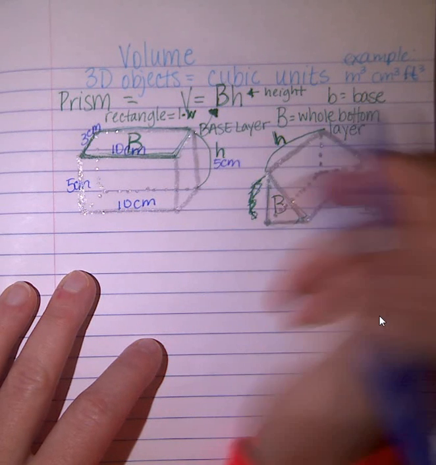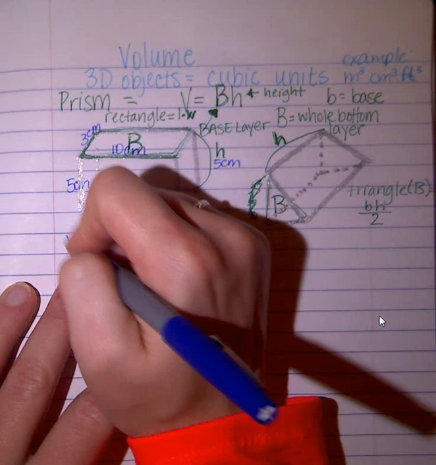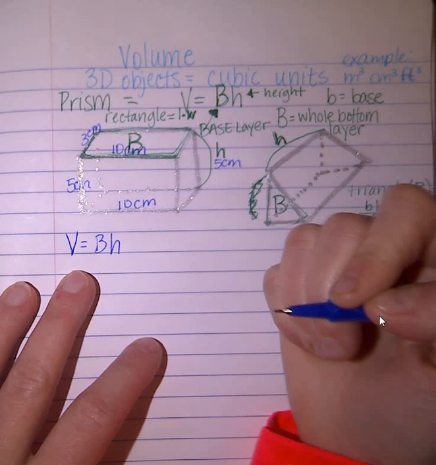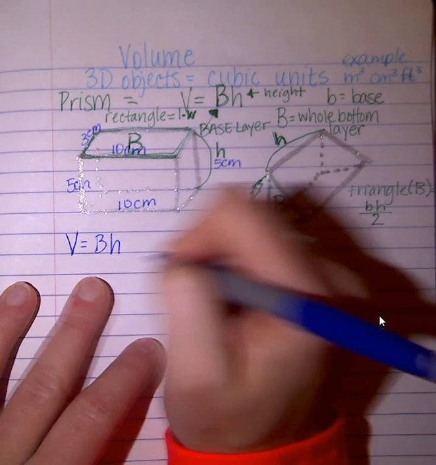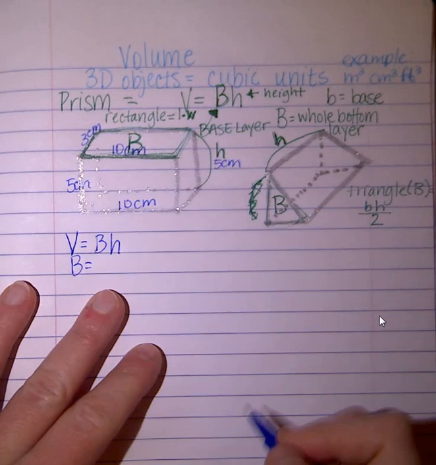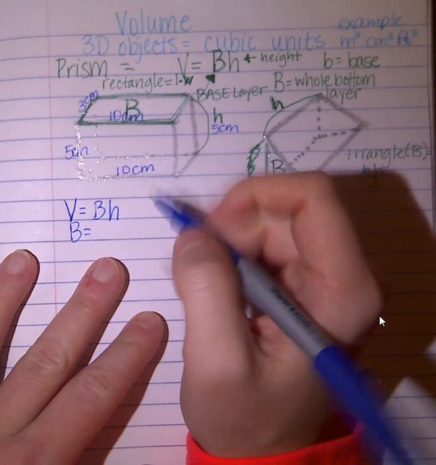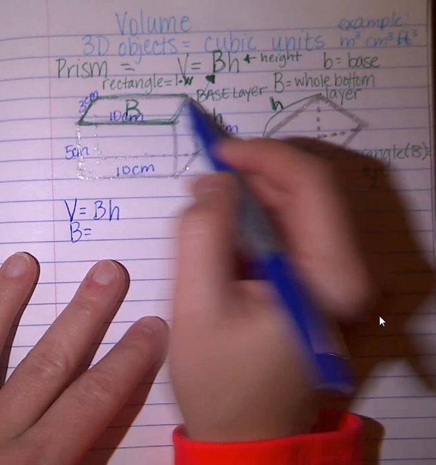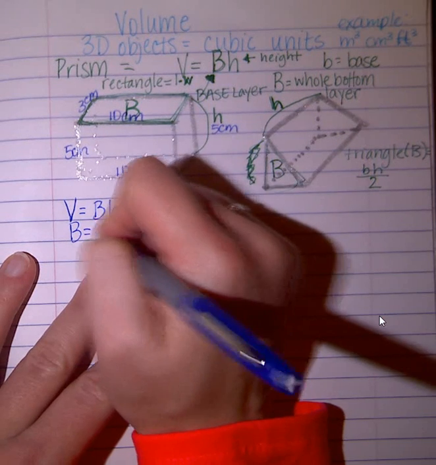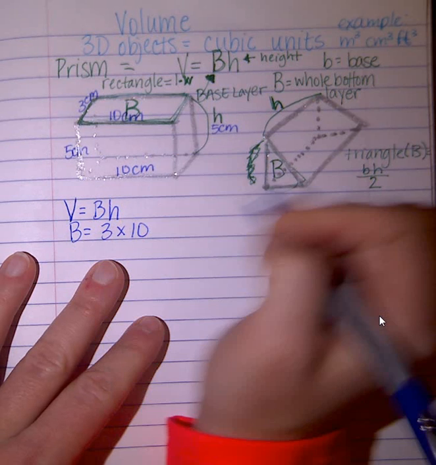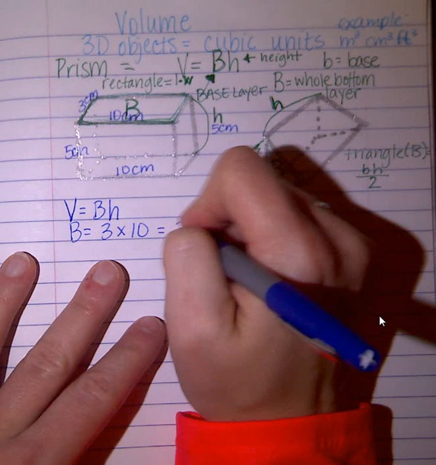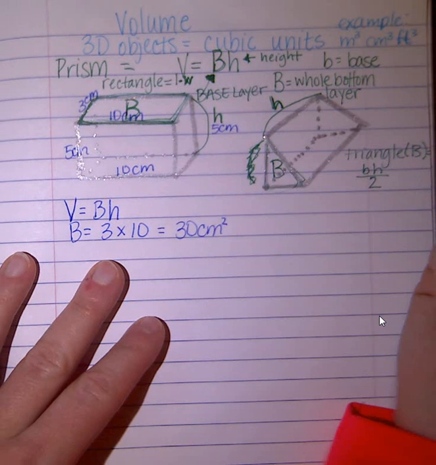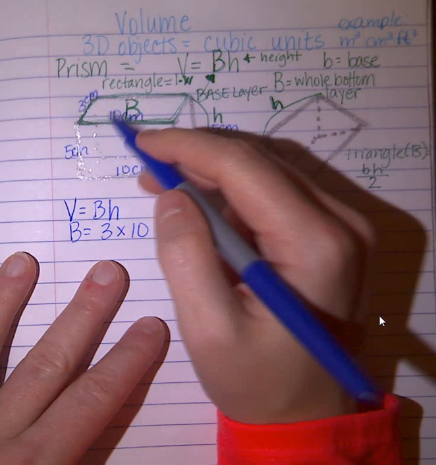We could get the volume by writing our formula, big B, the base, times the height. First we're going to get the big B. The big B for a rectangle is going to be this base up here. So that will be 3 times 10, and you get 30 centimeters squared, because centimeters was our unit of measurement.